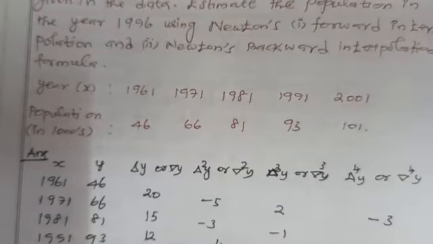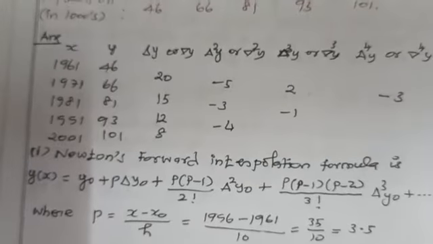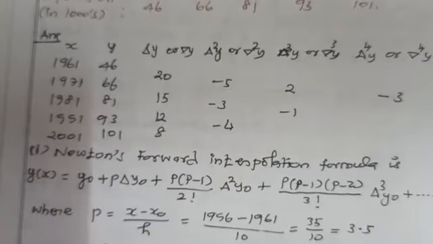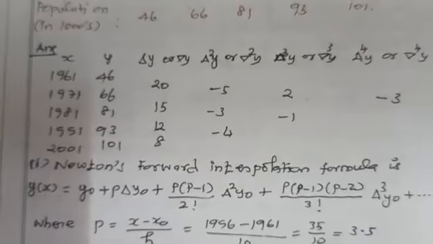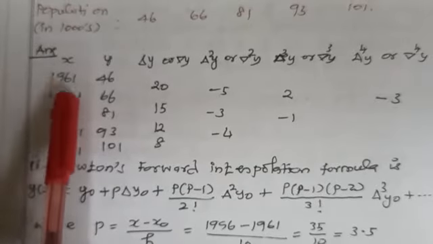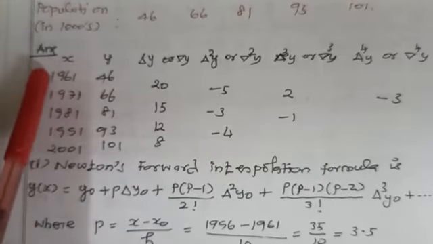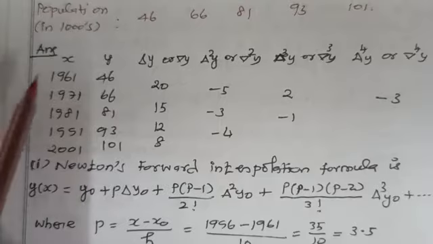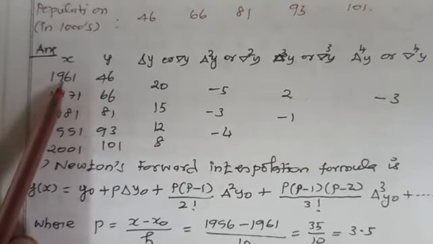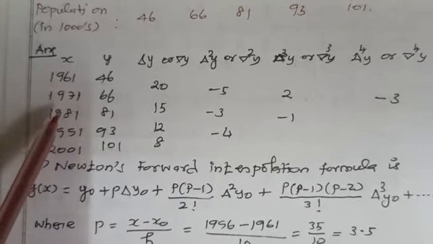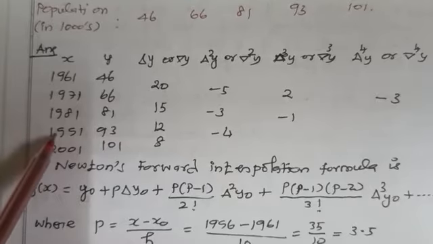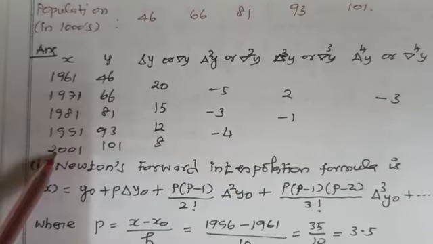Okay. First, we have to prepare the difference table. How to prepare the difference table? In the first column we have to mention the x values: 1961, 1971, 1981, 1991 and 2001.